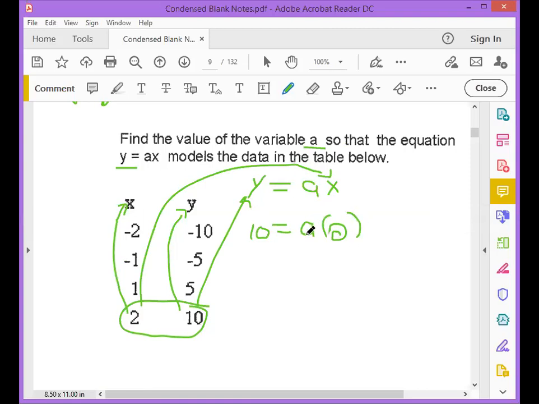Now solve this equation for a. A times 2 equals 10. In order to get a by itself, we're multiplying a times 2. We have to divide both sides of the equation by 2. That cancels out our 2. So a equals 10 divided by 2, or 5.